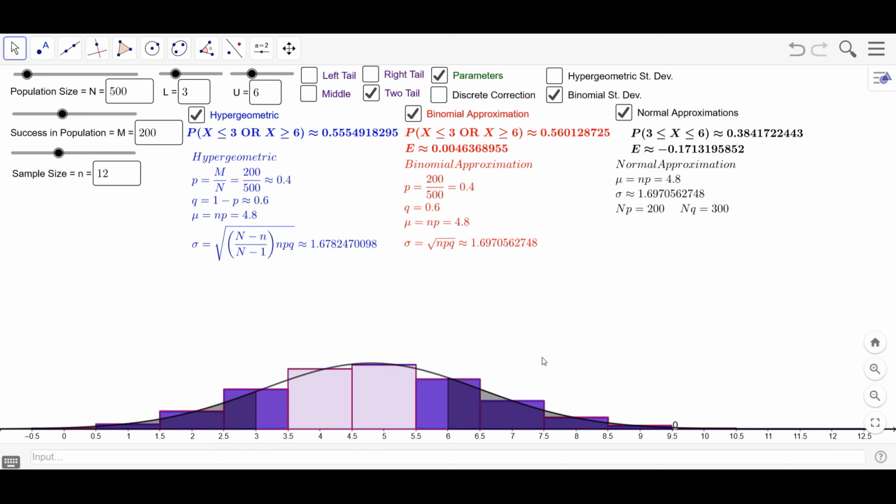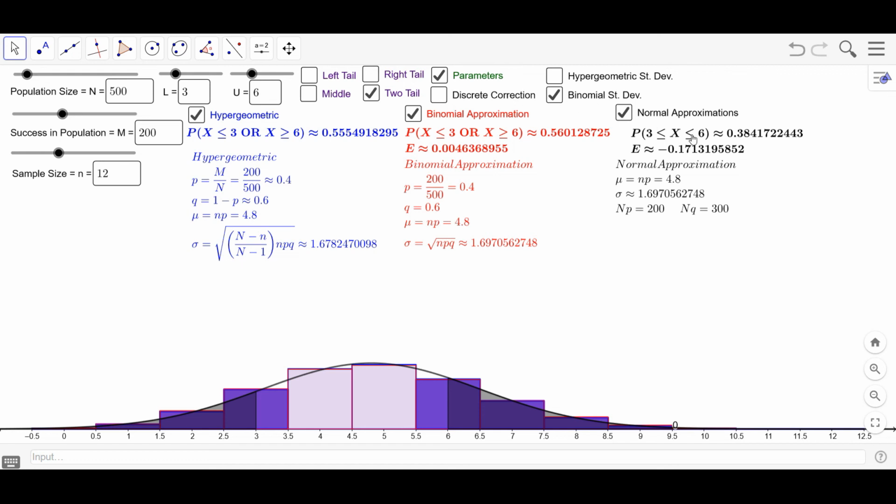And if you're using this for inferential statistics, such as a hypothesis test, that much of an error might give you a completely different conclusion than you would get otherwise. So I think this normal approximation is a good thing. It works.